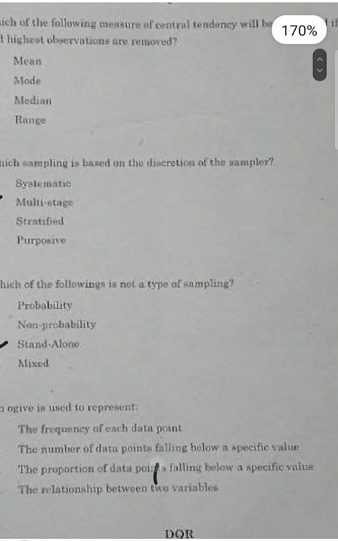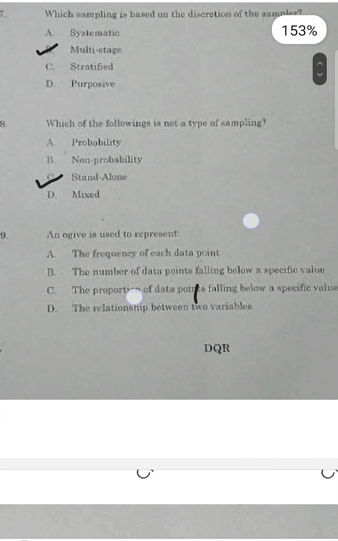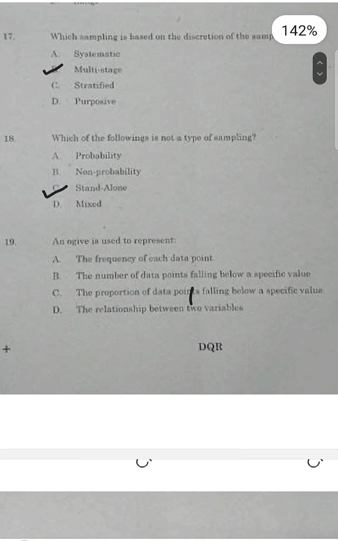Then the next question goes like, an ogive is used to represent what? Ogive is for the cumulative. Cumulative means collection of all. If we see, ogive represents the frequency, that means the number of data points falling below a specific point. Yes, we can definitely find that out by using an ogive curve.